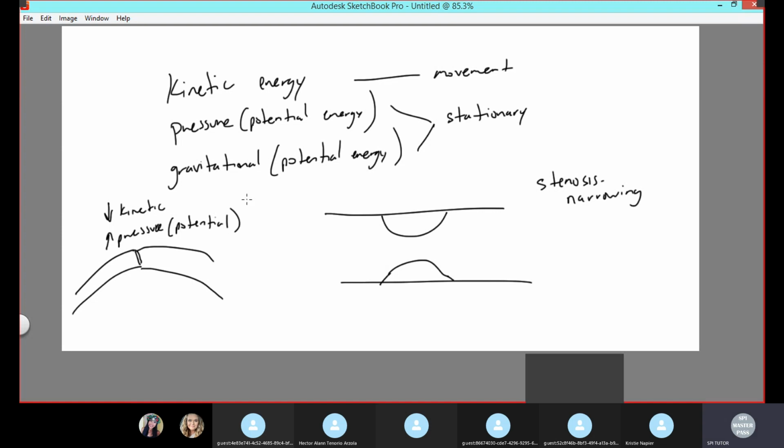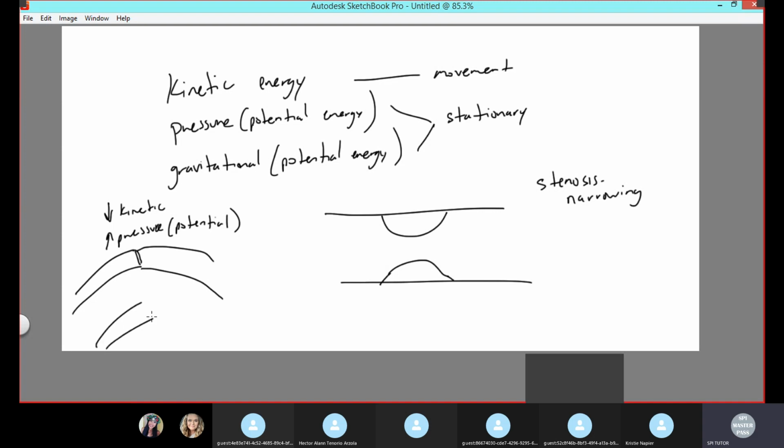And all this is saying is that this water is not moving really fast, but it has the potential to move really fast. Okay. So when you create the stenosis and you have this water shoot out really quickly, now you transfer the energy that was here and you give it to this guy.